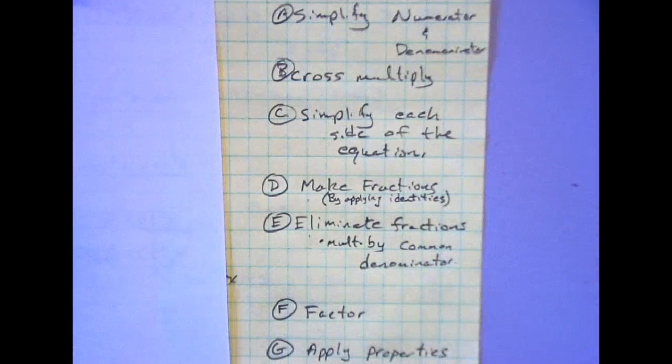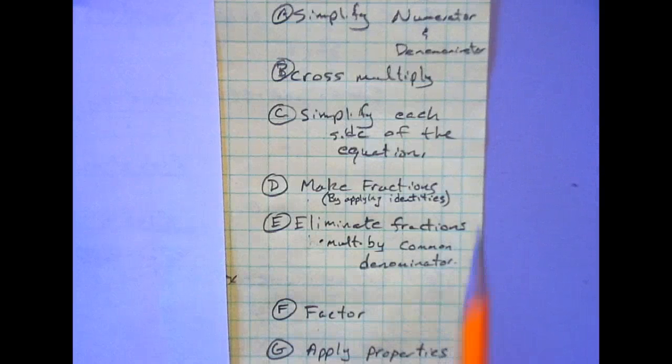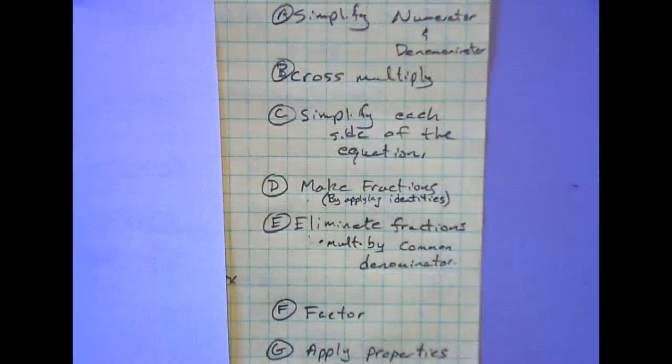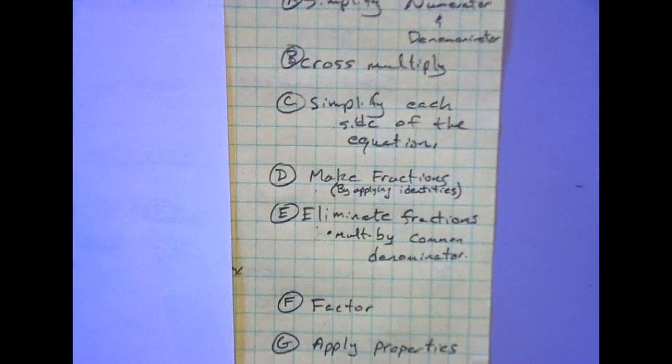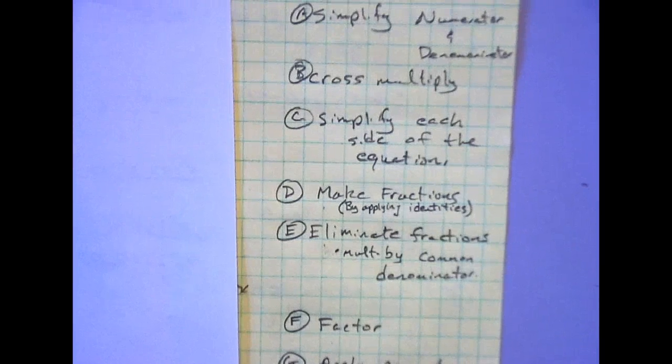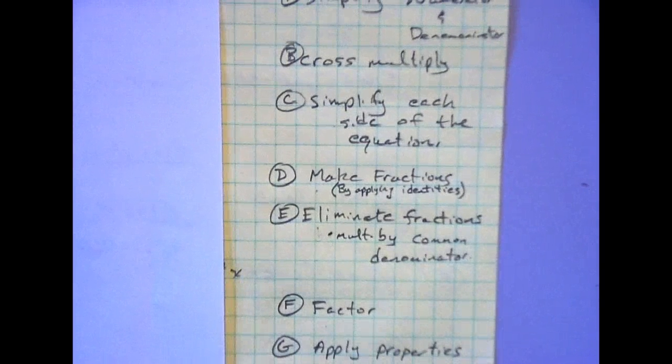Okay? So like, for instance, I changed tangent to sine over cosine. That's how I made a fraction. So if you need an example, maybe you write that in there. You change tangent to sine over cosine. Okay, I then eliminated fractions by multiplying by a common denominator.